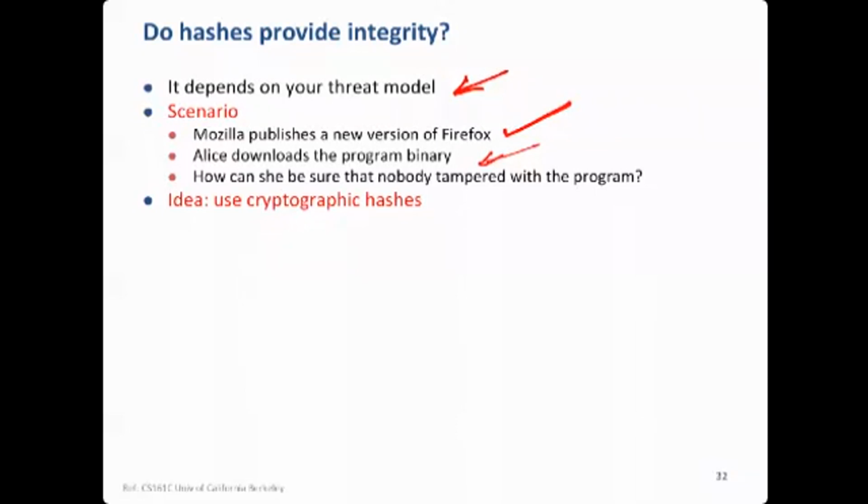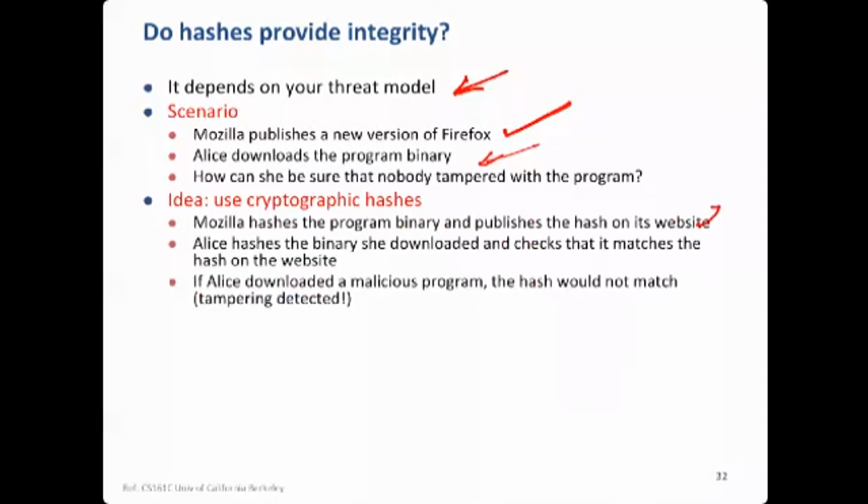So you download the hash also, and when you get the binary, run the hash function and calculate the hash value, and if it matches the hash that's published on the website, then you are sure nobody in between has tampered with it. Because your message may be coming through many routers, somebody could have tampered with it, right? All right.